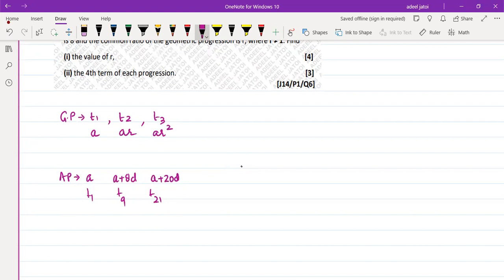So considering that, we can do AR is equal to A plus 8D. So this is 8R is equal to 8 plus 8D.